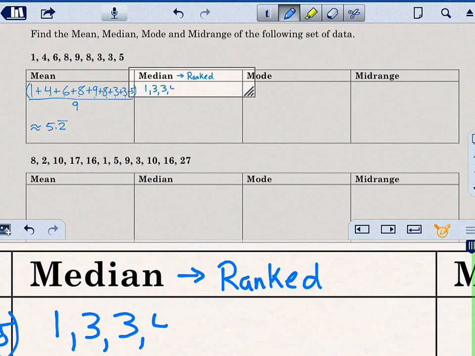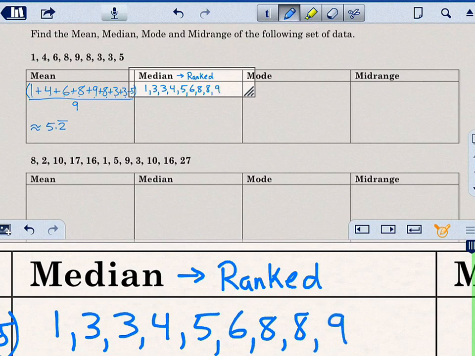Then we have a 4. Then we have a 5, then a 6, then we have, looks like, 2 8s, and we have a 9. So just make sure all the pieces of data are accounted for, and we want to put them in order from least to greatest.